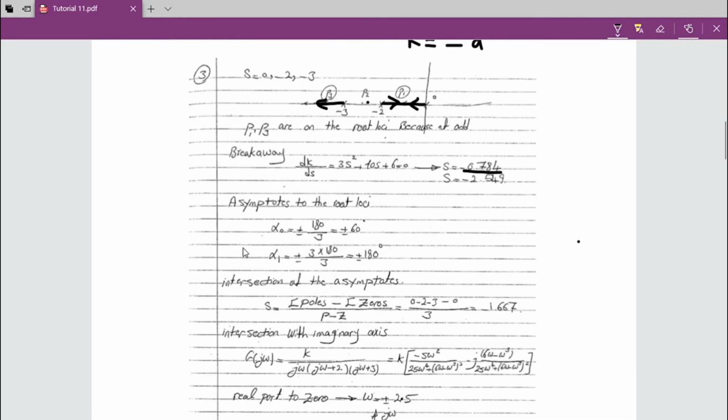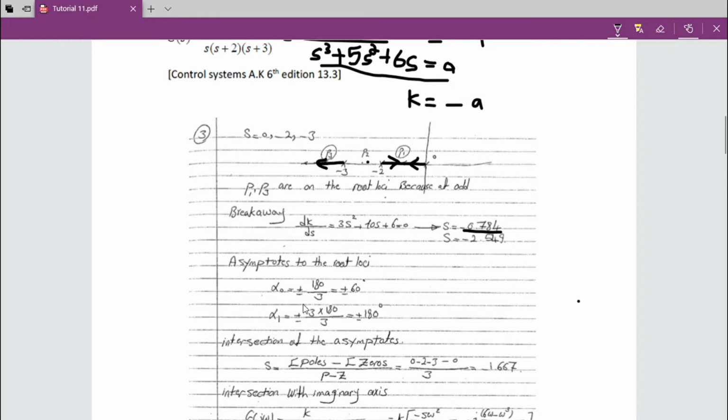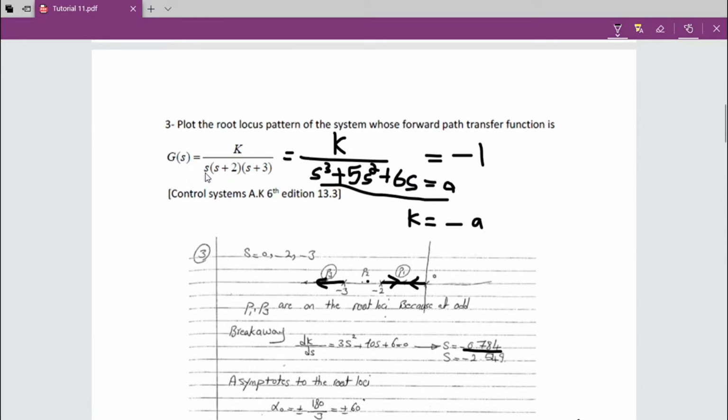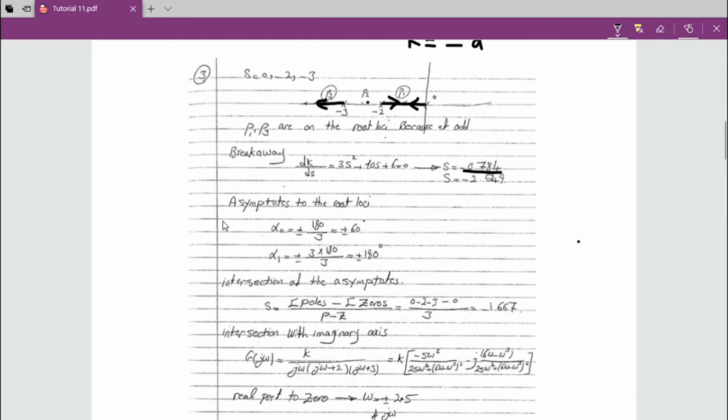To do that, in place of s, we substitute j omega and manipulate this equation into the rectangular form, a plus jb, real plus or minus the imaginary part. Manipulating that, we get something like this.